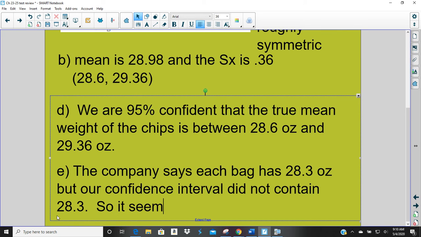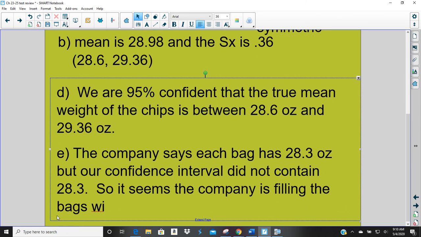So it seems the company is filling the bags with more chip weight, which is good for the consumer. Okay. All right. So next question.